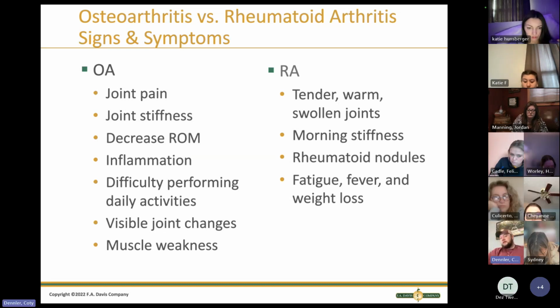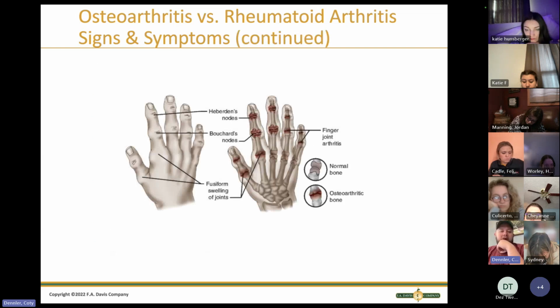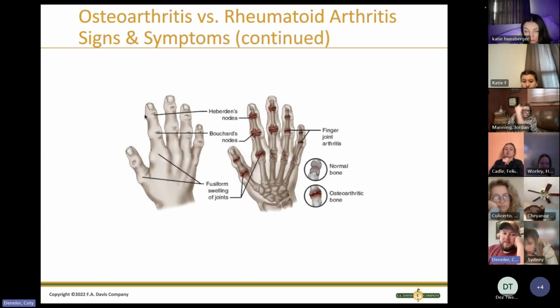So this next picture is of a hand, and I'm sure you guys have seen some old people with these symptoms on their hands before. Up here, and we'll talk about this more in the hand chapter, these are your DIP joints, and these are your PIP joints. In the middle of your finger are your PIPs, and these are your DIPs.